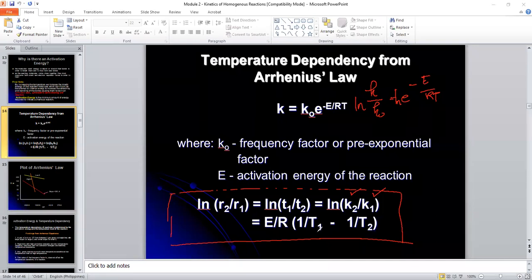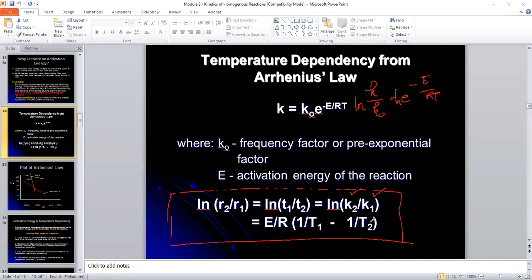The reason why you have T sub 1 as the first subscript appearing here and not T sub 2 is because we made the E over R positive. In the original equation, we had it negative. So if we make it positive, then it will interchange.